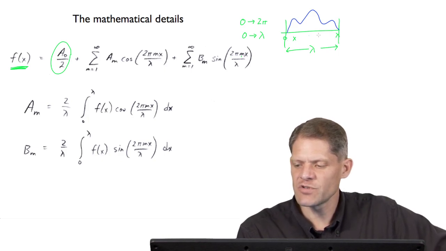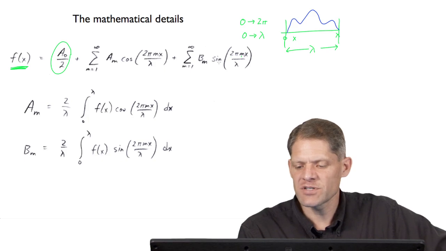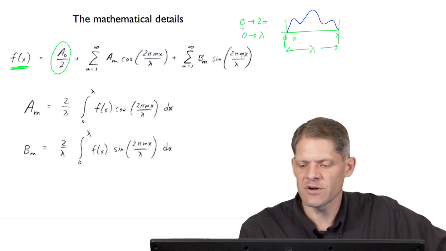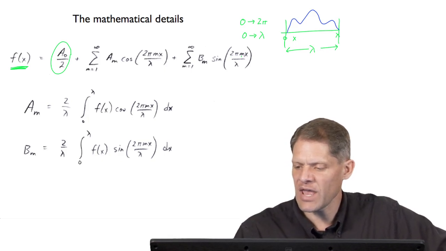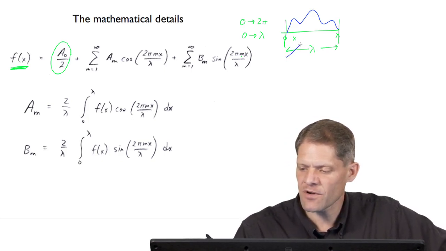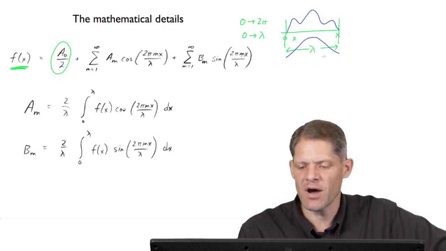And as x goes from 0 to a wavelength, this first sine wave, when m is equal to 1, the argument will go from 0 to 2 pi, and it'll give us one oscillation. So when m equals 1, that gives us our first sine wave that has one wavelength across the box.